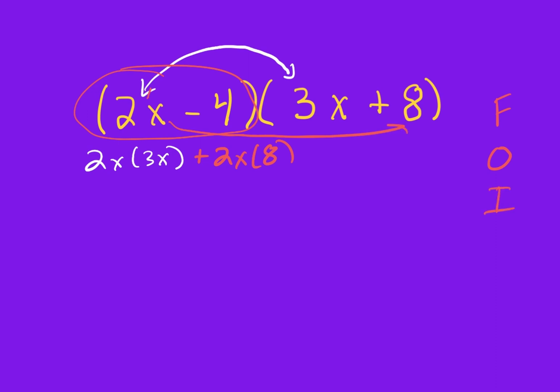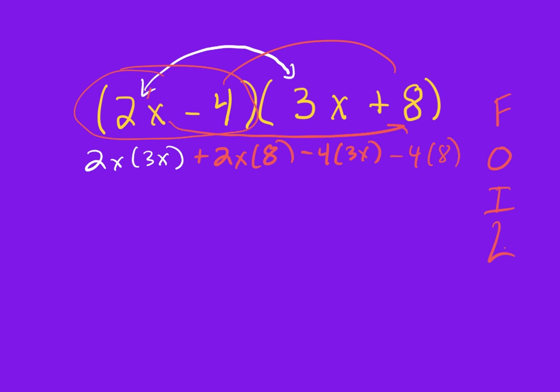Inside. Our inside terms are negative 4 and 3x. So this is going to be minus 4 times 3x because there's a negative in front of the 4. And then the last one, negative 4 times 8.